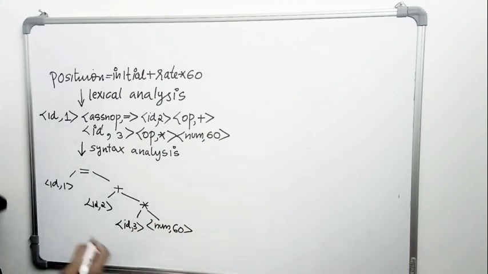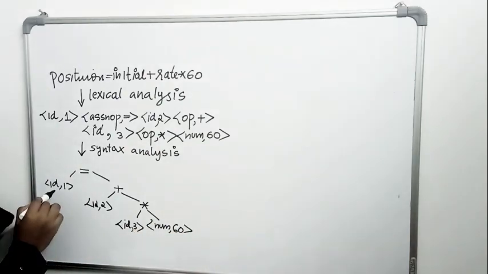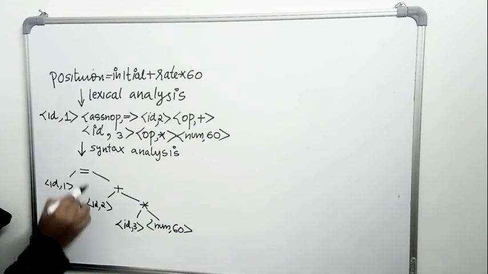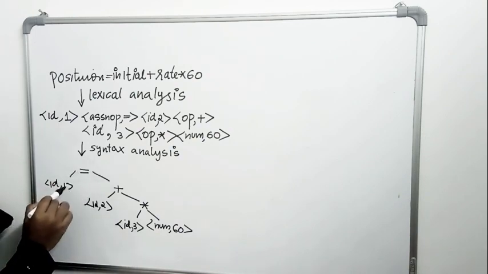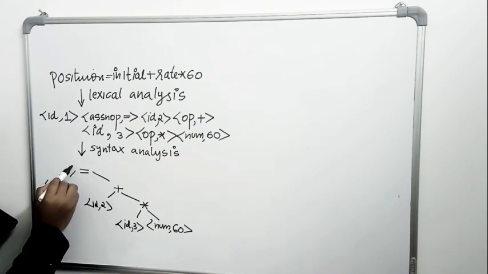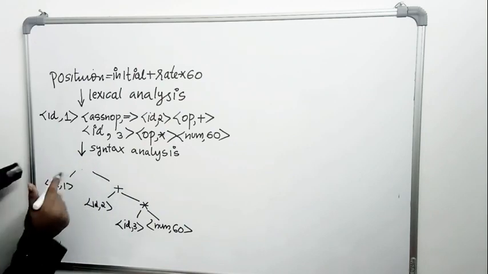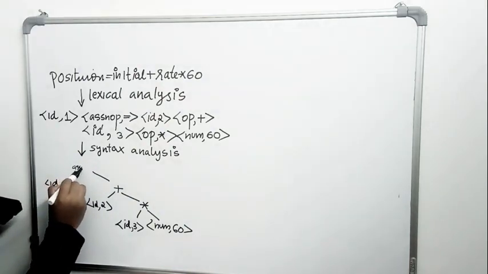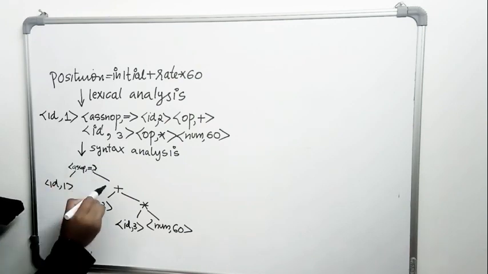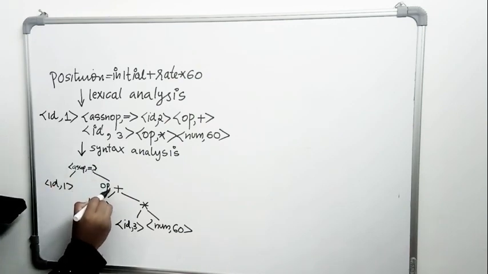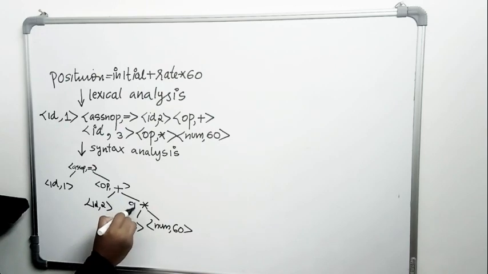If you are doing an in-order traversal of the tree, you can read it as ID1 is equal to, and so on. If you want to write it like this, you can. That is, this becomes the assignment operator, comma, equal to; this is op, comma plus; this is op, comma star.